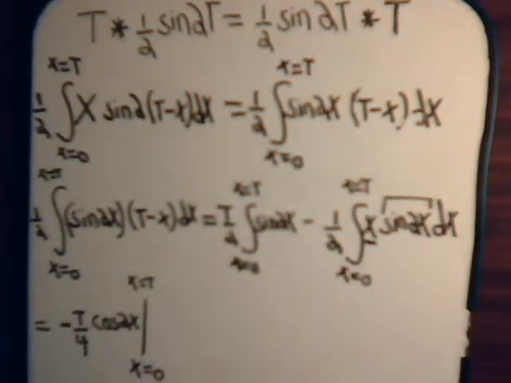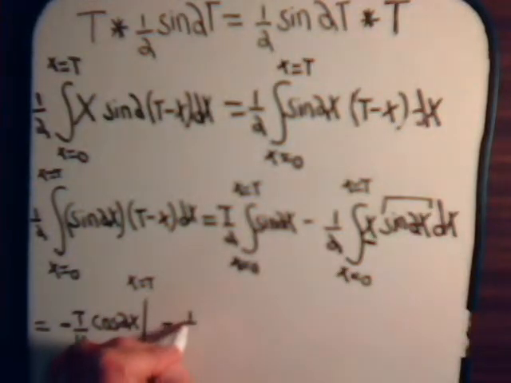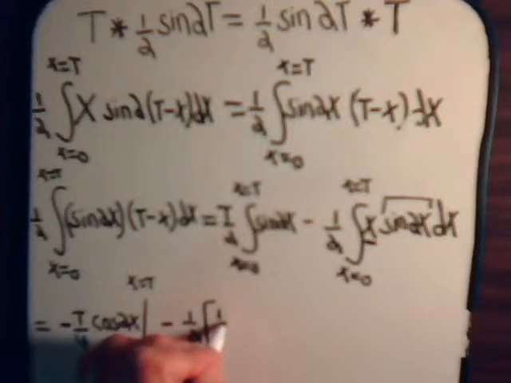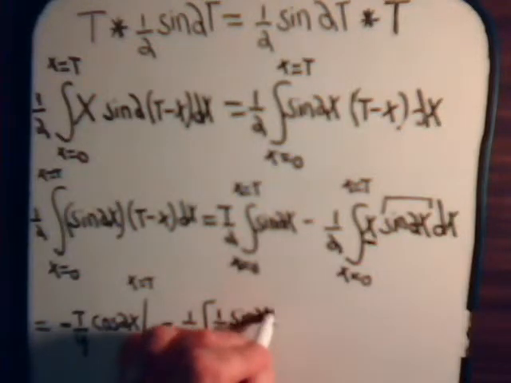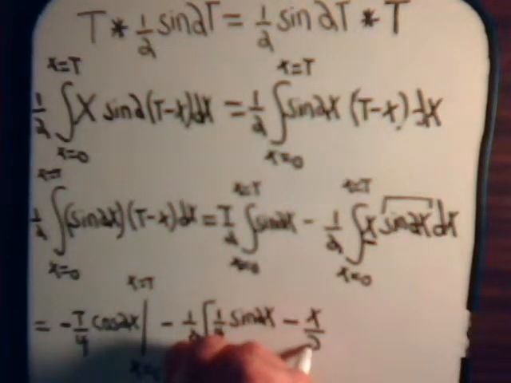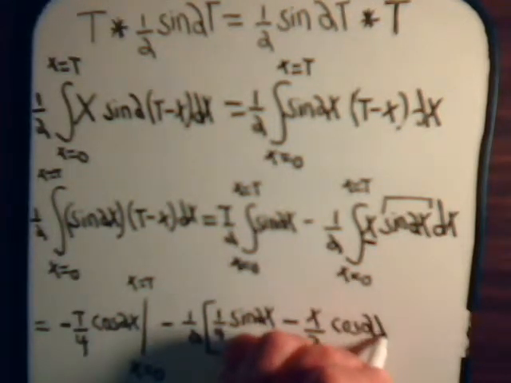Again, that's all set up to integrate by parts. When we do that, we get this expression, minus 1/2 times 1/4 the sine of 2x minus x over 2 times the cosine of 2x.